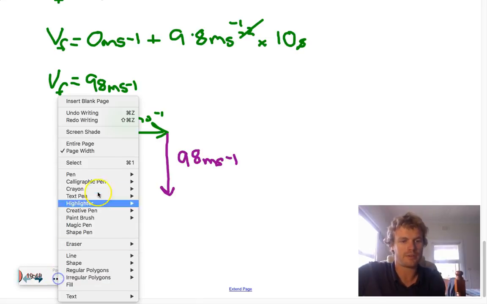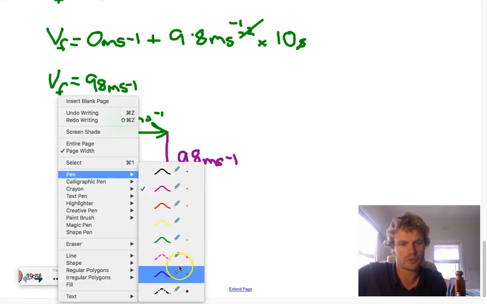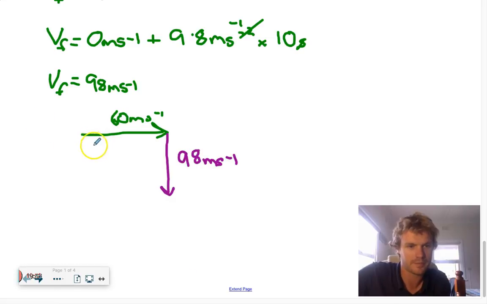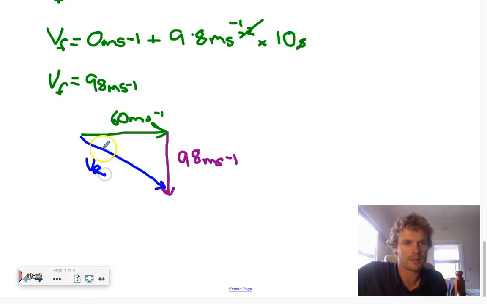And I can use that information to find out two pieces of other information. One is my velocity resultant, and the other is the angle that it forms.